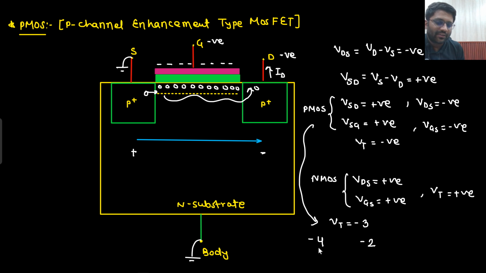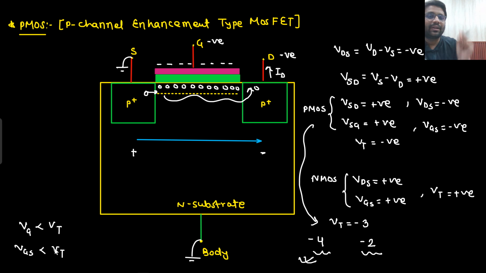So if I apply minus 4 volt at the gate, I will get the inversion layer, but not at minus 2 volt. That means if your VGS is less than VT, VT is minus 3, then current will be conducted. Do you agree to this point?